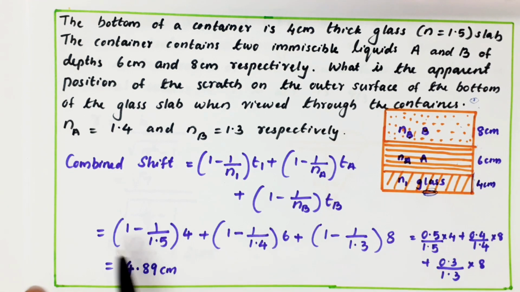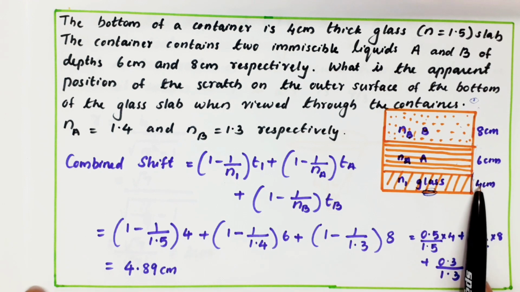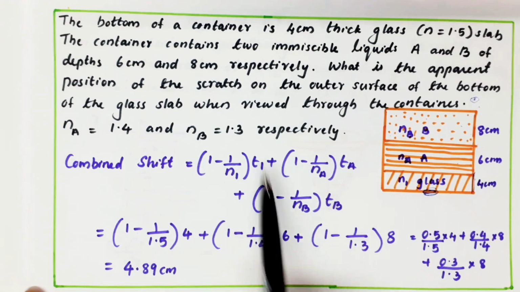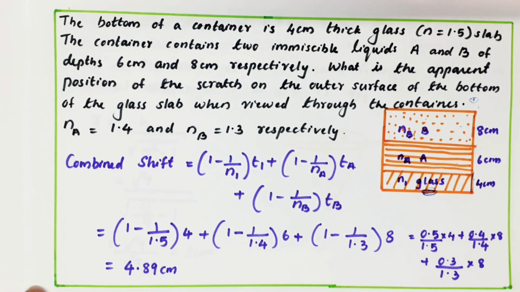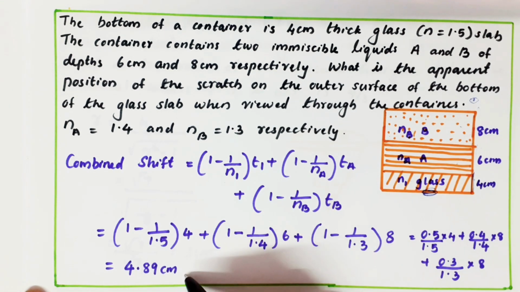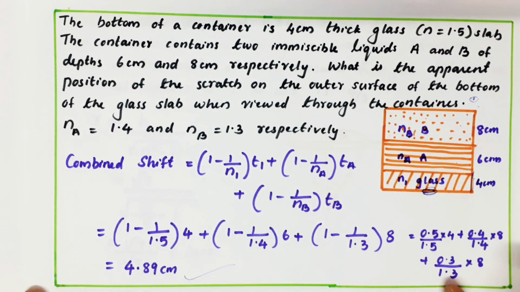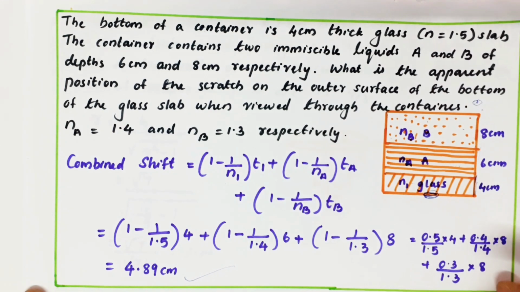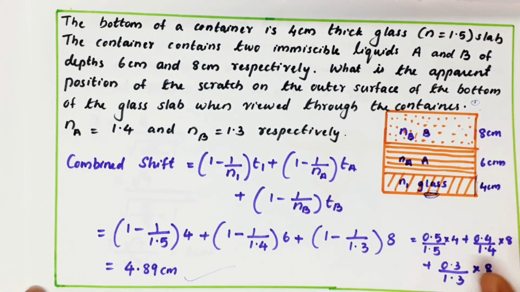They have given all the values: 1 minus 1 by 1.5 for glass into thickness 4, plus 1 minus 1 by 1.4 for the first liquid into thickness 6, plus 1 minus 1 by refractive index 1.3, thickness 8. If you substitute, I get the value as 4.89 centimeter. So with the shortcut equation, if you know the shift, you can find this very simply.